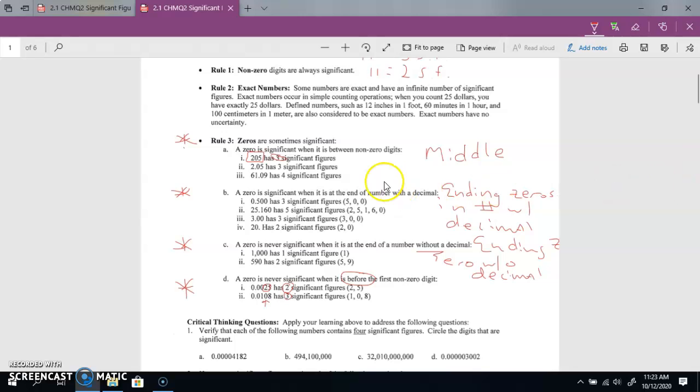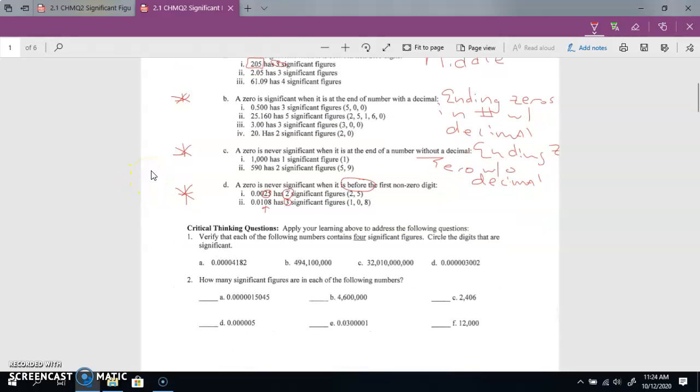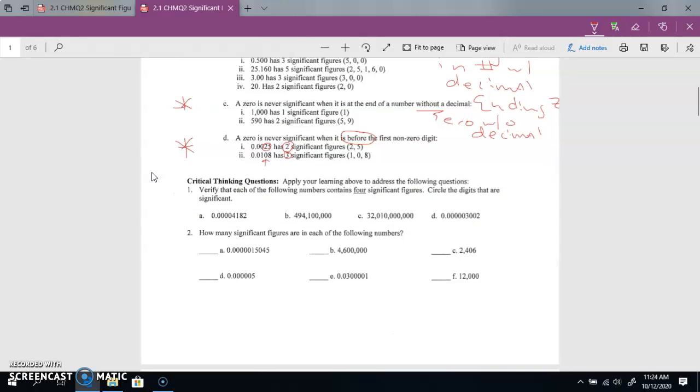Okay, I'm going to do a little bit more of this with you, and then your assignment is going to be to complete questions 1 through 4 in this packet and submit them. In this packet, when it says verify, what it means is that the number down here has the indicated number of significant figures. So this says verify that each of the following numbers contains 4 significant figures.